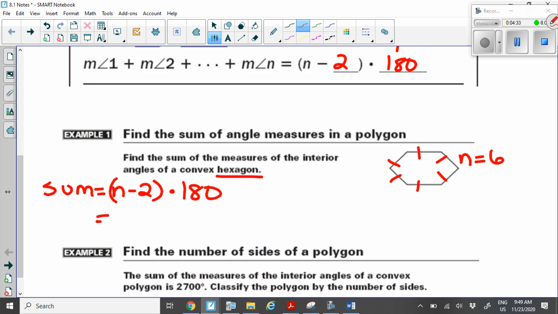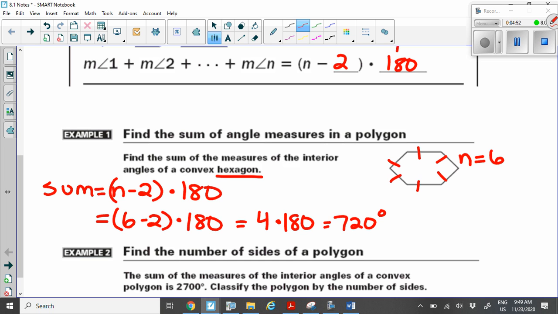We plug 6 in for n, because that's the number of sides a hexagon has. So we have 6 minus 2 times 180. 6 minus 2 gives us 4, and 4 times 180, plugged into your calculator, gives 720 degrees. That's the sum of the interior angles of a hexagon.